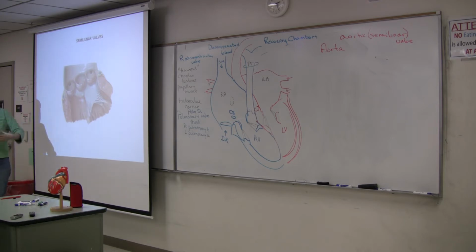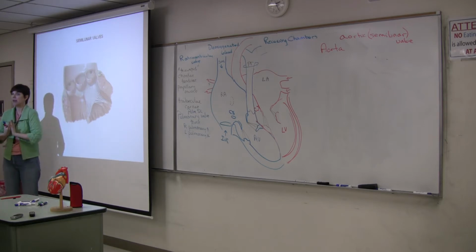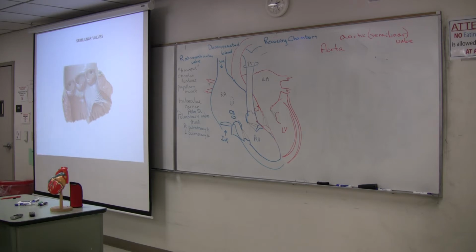So when the heart relaxes, blood flows backwards from the aorta and the pulmonary trunk. As pressure in the ventricles is dropping, blood is not being pushed into the pulmonary trunk or the aorta at as high a rate or force. And eventually, as the ventricle pressure drops below that pressure in the aorta, the valves are going to close.